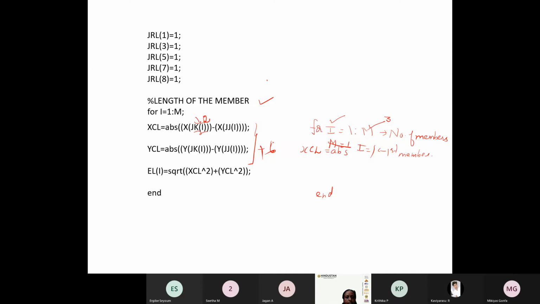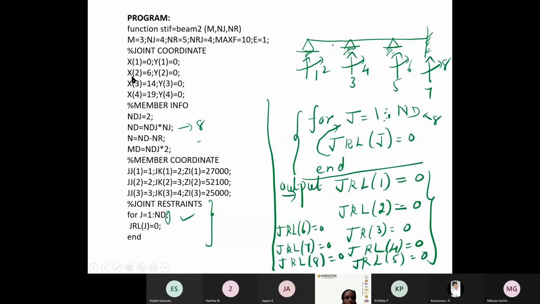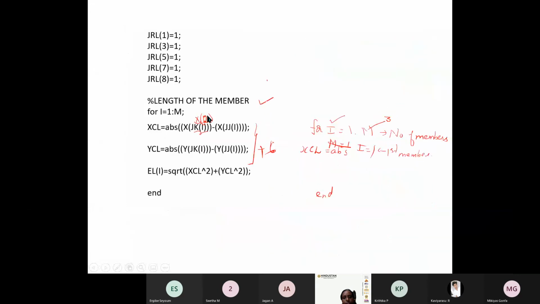And one more x is there, x of 2. What is x of 2? Go to the previous step and find out x of 2. X of 2 is equal to 6. Am I correct or not? Yes, ma'am. X of 2 is equal to 6.